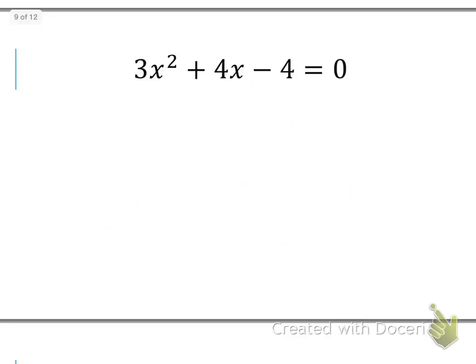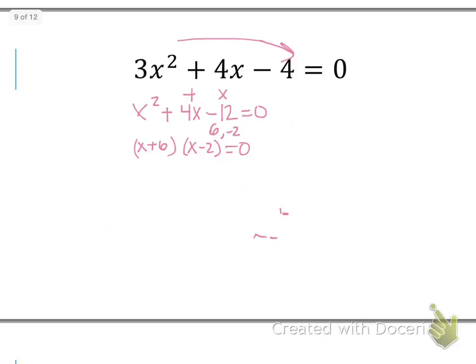Okay, doesn't look like we have a GCF, but we need to send this 3 back by multiplying. So I would get x squared plus 4x minus 12. So what multiplies to get me negative 12 and adds to get 4? So we could do positive 6 and negative 2.